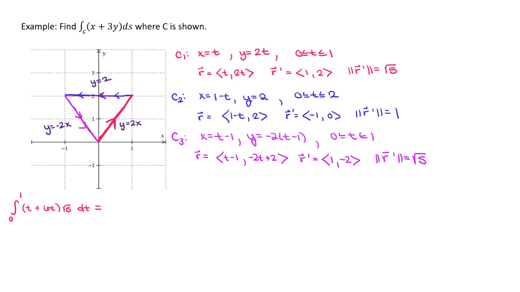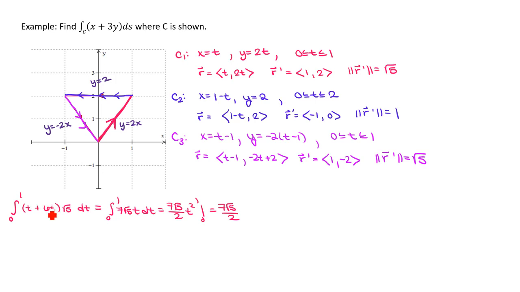So 3 integrals to do. We'll do C1 first. So my first integral, here's my function, x plus 3y. So I'm going to replace the x with t, and then replace the y with 2t. So I get t plus 6t, and then the ds becomes square root of 5 dt.